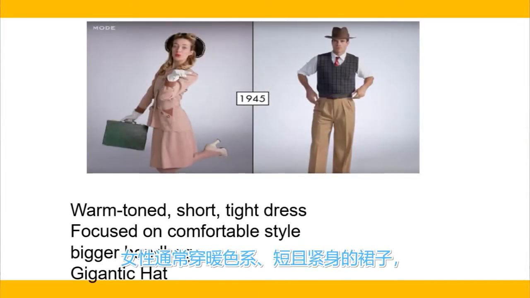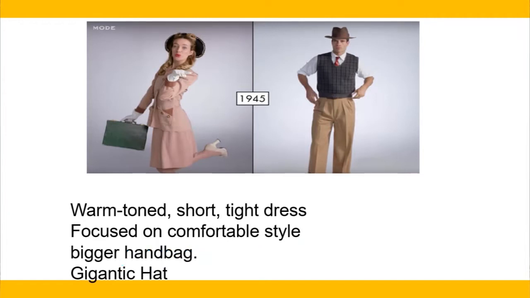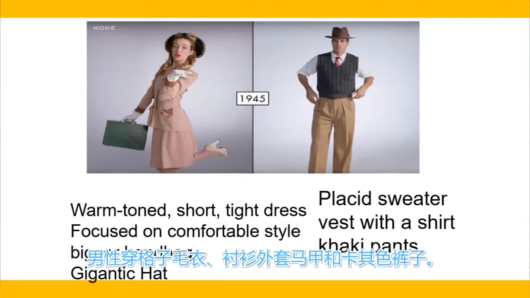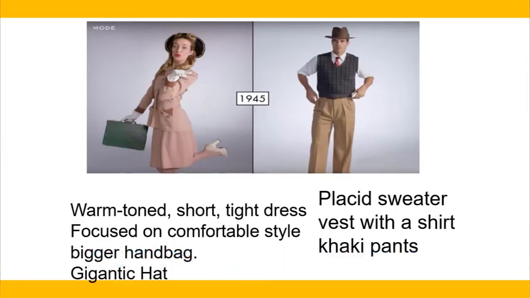Women usually wore warm-toned, short-tied dresses, and they began to focus on comfortable style. They carried bigger handbags and wore gigantic hats. Men usually wore plaid sweaters, vests with shirts, and khaki pants.